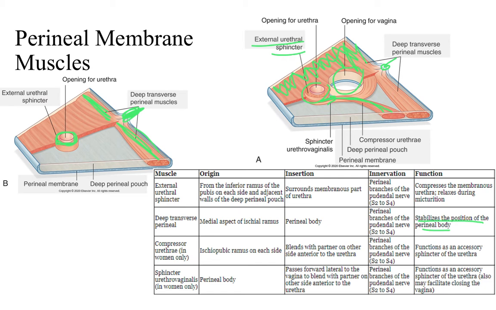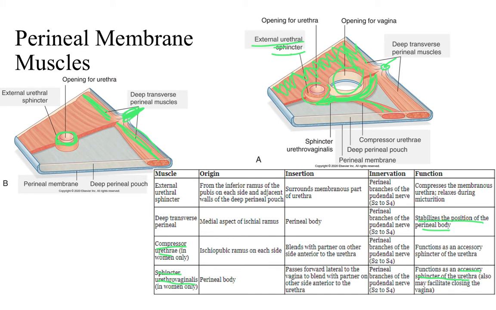The other muscle that you'll have in females is directly surrounding the vagina or vaginal canal, as well as part of the urethra, and that's called the sphincter uretrovaginalis. And of course, you notice that it also functions as an accessory sphincter of the urethra, so supporting the external urethral sphincter as well as the compressor urethrae.